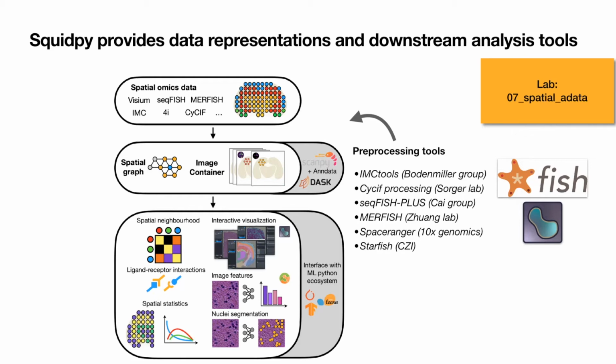In addition, for the images, we provide a couple of tools for pre-processing tasks like cell segmentation and also visualization of the tissue image. We have an interactive visualization plugin, which is a Napari plugin that you can use to visualize the tissue images. And there are also a couple of static plotting functions, similar to the plotting functions you get with Scanpy.